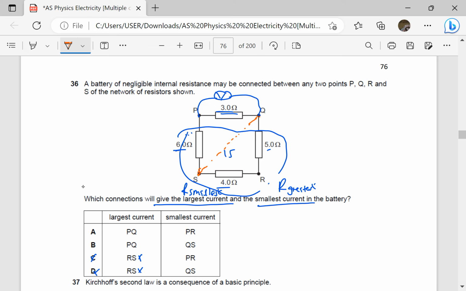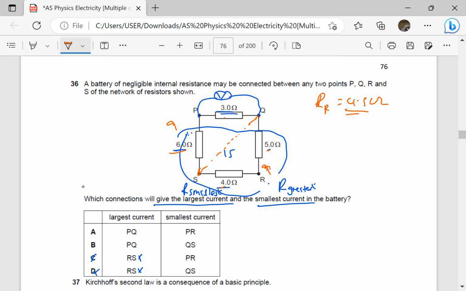It means 6 and 3 will give us 9, 4 and 5 will give us 9. These 9 and 9 will be in parallel. Total resistance in parallel will be half of that, which will be 4.5. In other words, it is 9 times 9 over 9 plus 9, which is 4.5 ohms. That will be the greatest resistance, which will give us the smallest current.